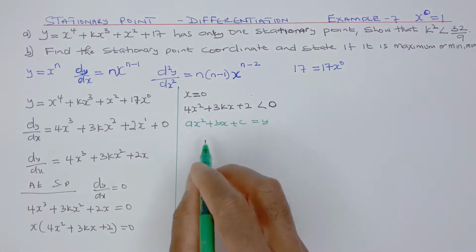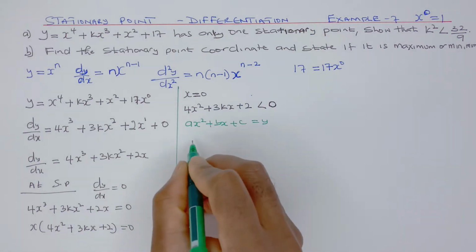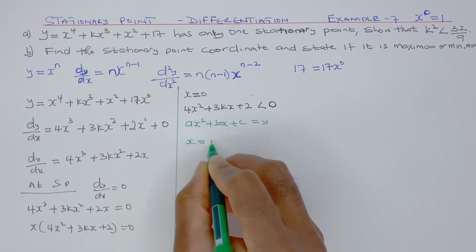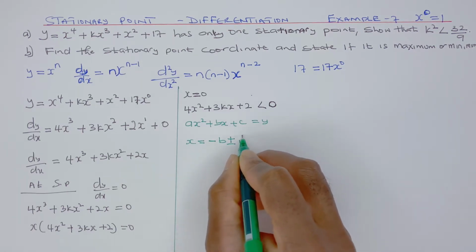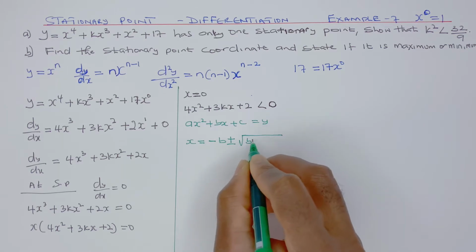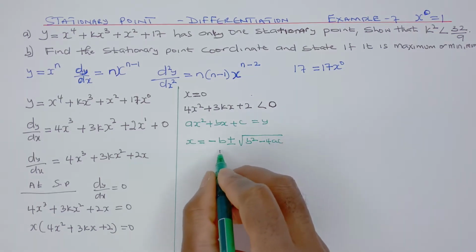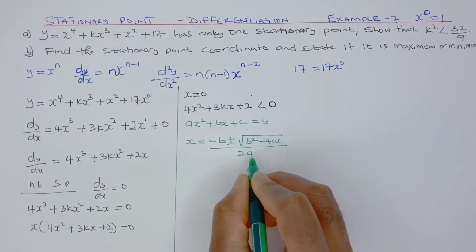If it has no real root, then the solution x equals minus b plus or minus the square root of b squared minus 4ac, that's the discriminant in the square root, divided by 2a.